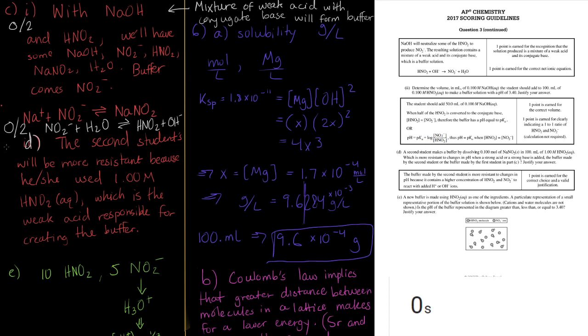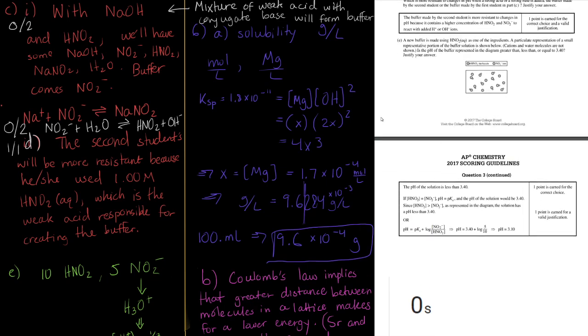I mean, I'll give myself the point, but I think it's really on the cusp. I needed to say, because she used 1.00 molar of this, which creates more weak acid and conjugate base to react with added H plus or H ions. Yeah, I needed to include the NO2 minus conjugate base as well to be most correct.